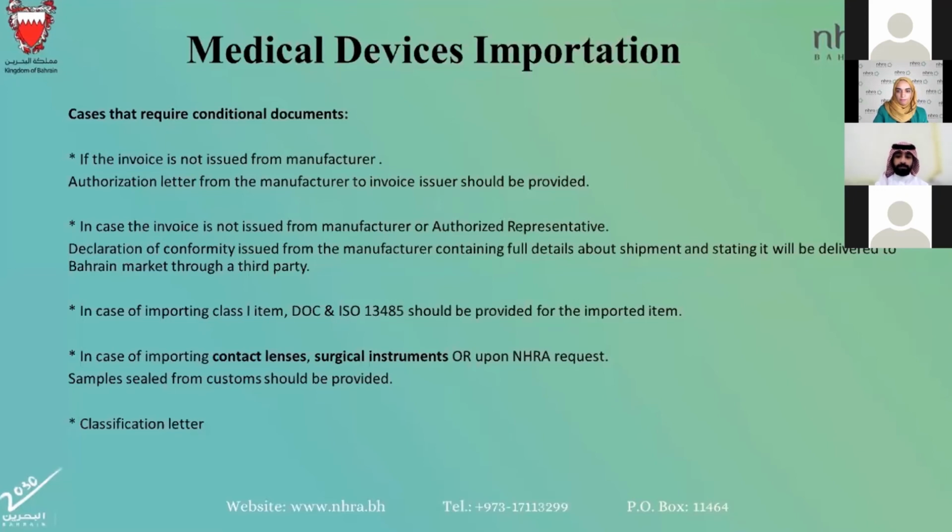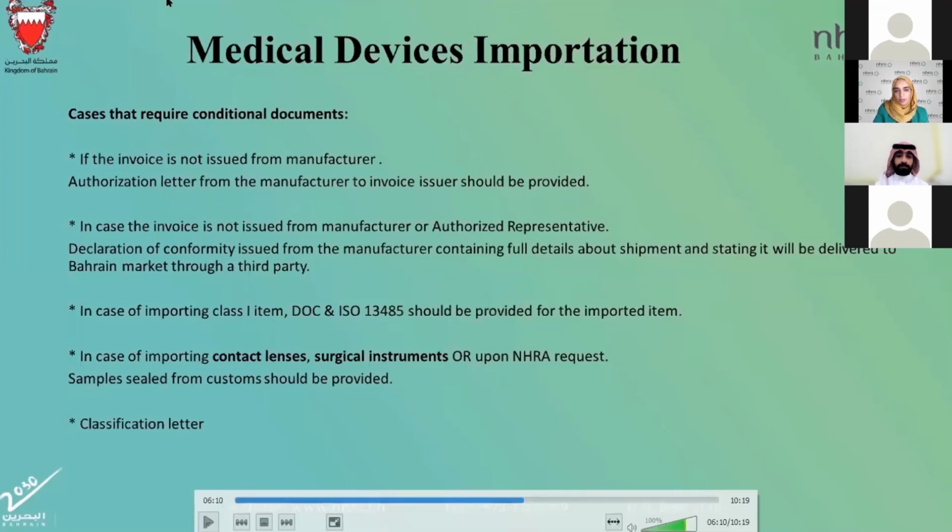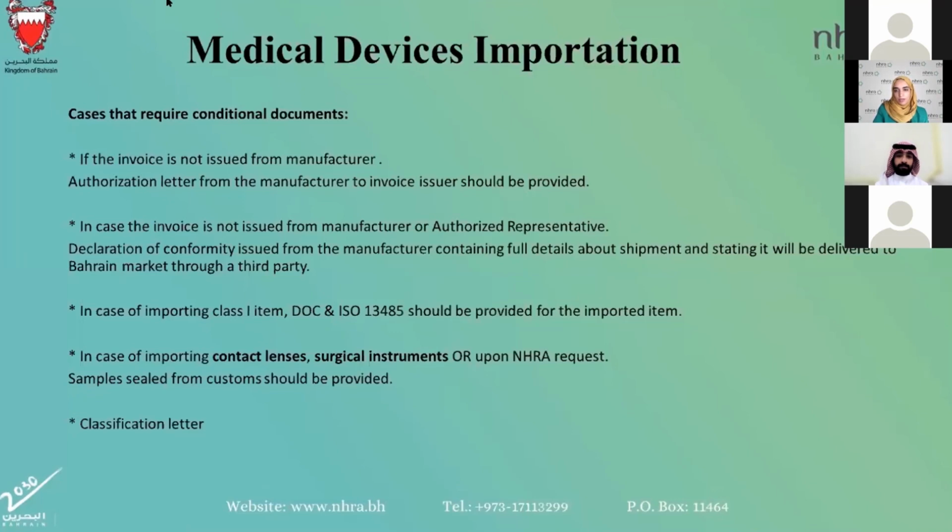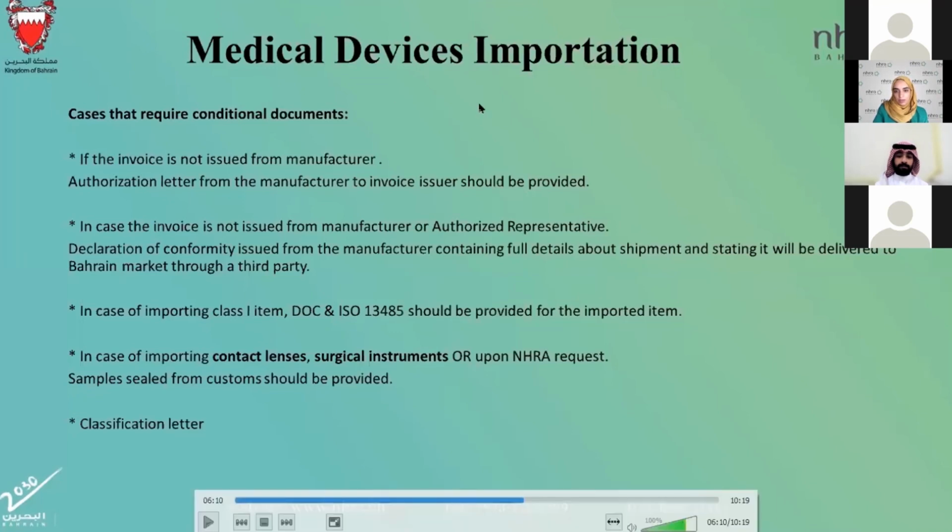In case 2, the invoice is issued by an authorized representative or authorized distributor. In this case, a declaration letter from the manufacturer should be provided. Sorry, in case of a non-authorized distributor, in case of third party. Okay, thank you very much. If it's still not clear, if you can keep the slide on, please do let us know.